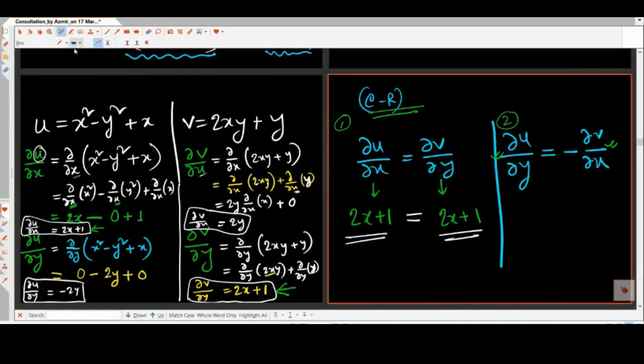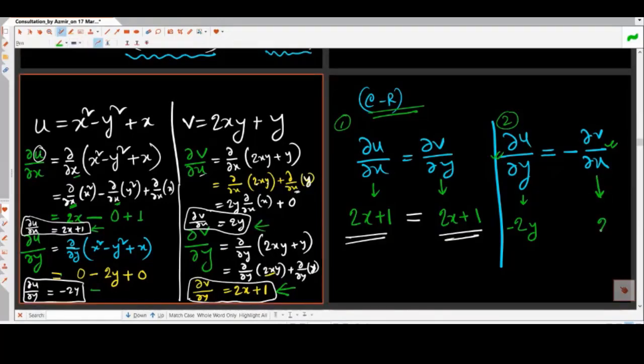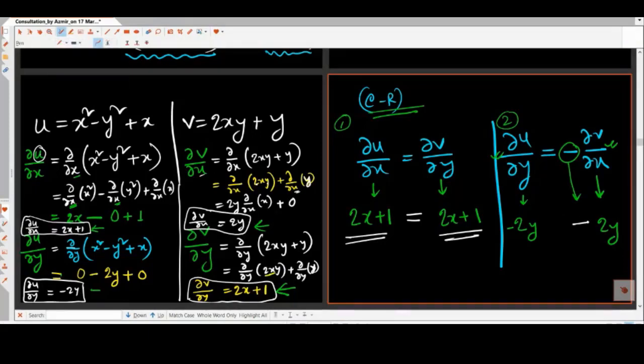Let's find du/dy this time. So where is du/dy? It is negative 2y. And dv/dx, so dv/dx is 2y. Don't forget that we have a negative sign before, so let's write negative here. Now we can see that on the left side we have negative 2y, and on the right side we also have negative 2y.